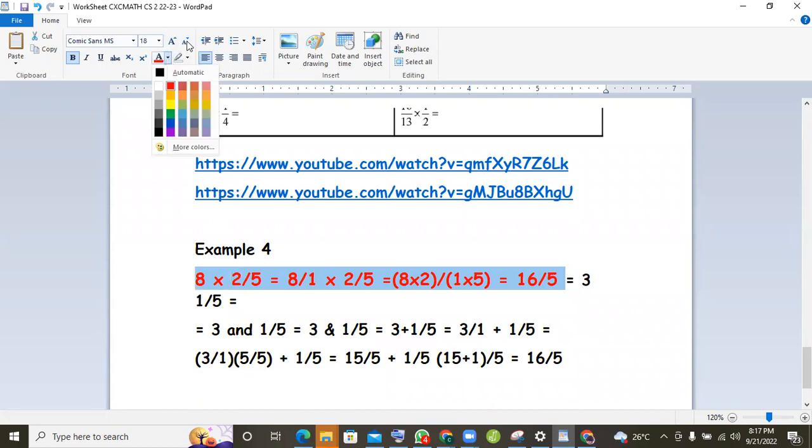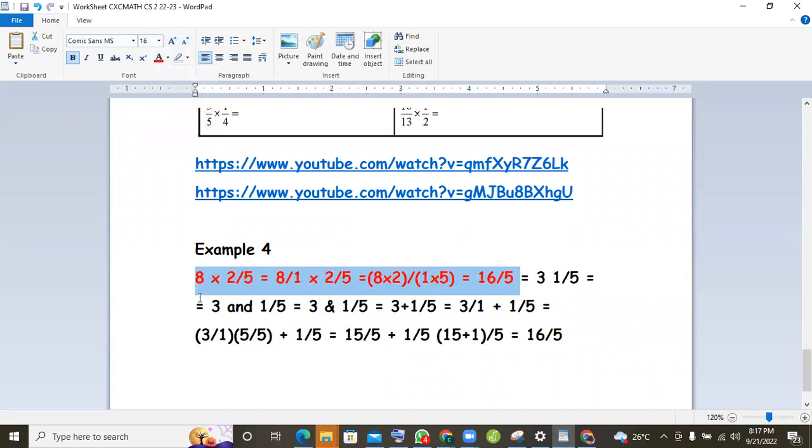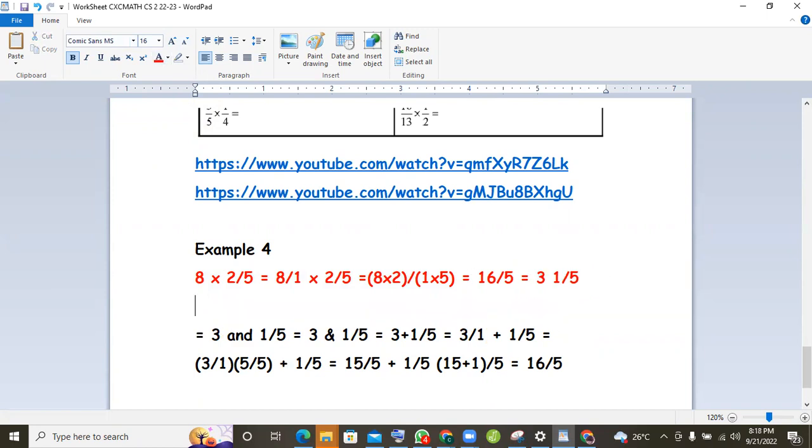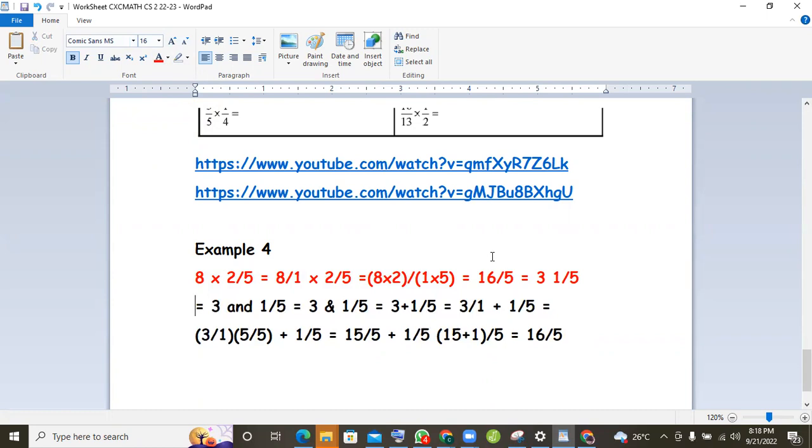So from 8 times 2 over 5 to 3 1/5, this is your working. So that's it. If you have to answer the question in a CXC question, that is it. You don't need to go further.